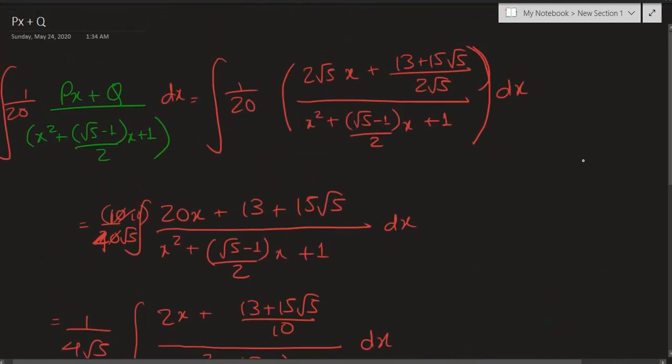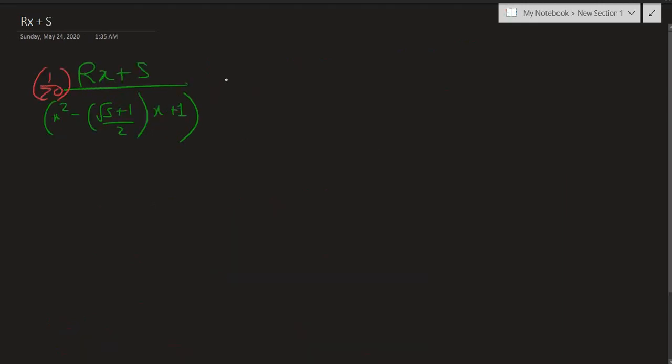Now let's do the other rx plus s term in a similar approach.